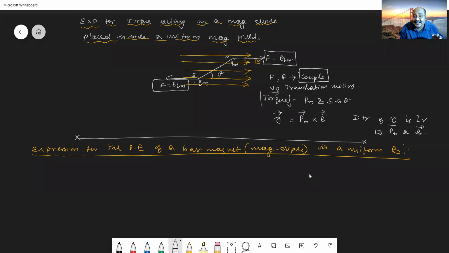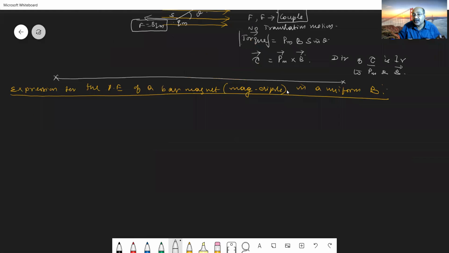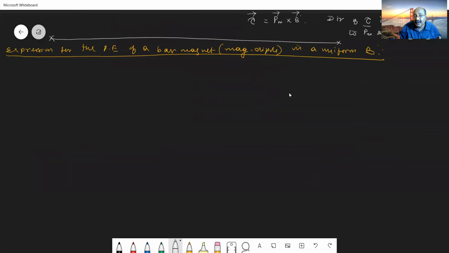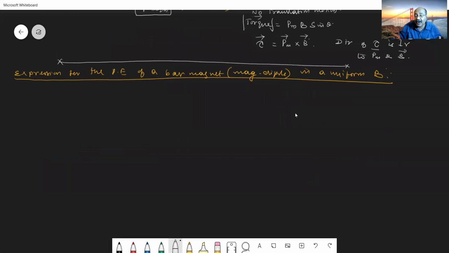Taking this concept as the principle, we are going to derive an expression for the potential energy developed on the bar magnet, or the magnetic dipole, when placed inside the uniform magnetic field. So let us consider the same diagram again.